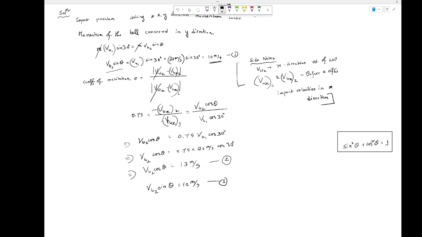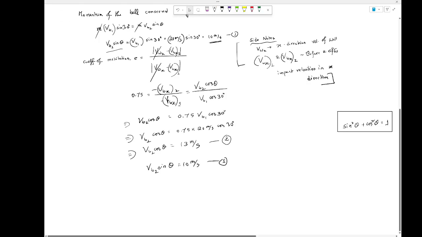That's from geometry. Once you know this, then this is not a difficult problem at all, because what you gotta do is equation 1 squared plus equation 2 squared. So that's the hint, right? To find the value of V2.